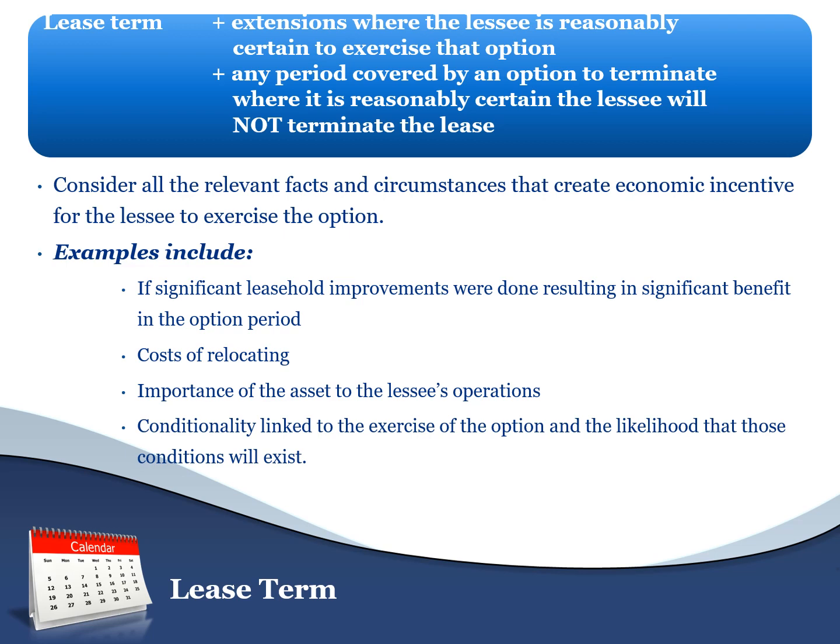I mean, you wouldn't have recovered the value of the outfit. You wouldn't. There's a cost of relocating. All those things would be taken into account. So all I'm trying to say here is that wherever you look at lease term, you do need to take into account all the facts and circumstances in determining the true lease term. I think this is really drawing on that principle of substance. So what is the substance lease term over purely what is the legal form in the contract?